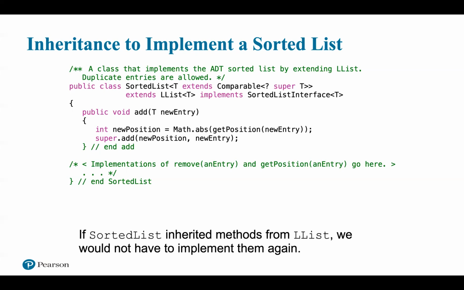Several of SortedList's methods, namely remove by position, getEntry, contains, clear, getLength, isEmpty, and toArray, behave like LList methods. If SortedList inherited these methods from LList, we would not have to implement them again as we did in chapter 17. Thus, we could revise SortedList as follows, as we're showing here. So SortedList inherits methods from LList.